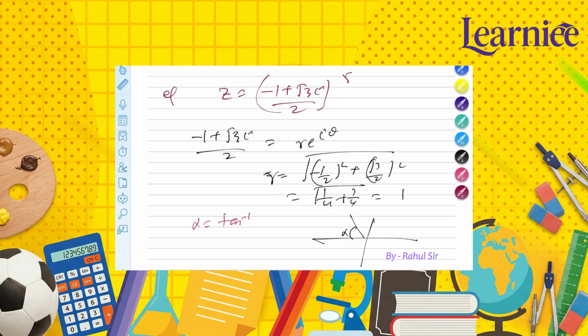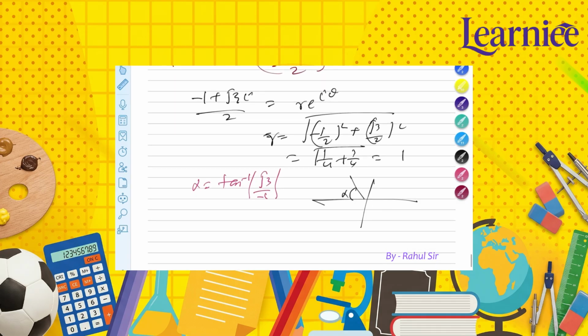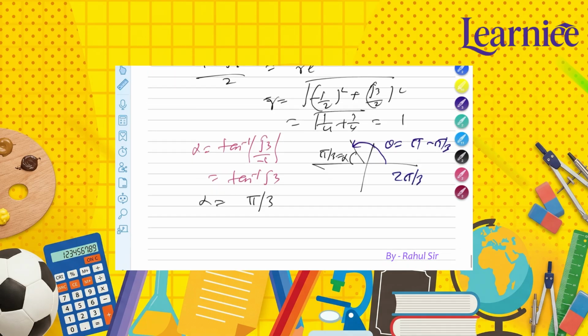Alpha is tan inverse of the positive value, root 3 by 2 divided by 1 by 2, so it will be tan inverse root 3, which is pi by 3. So alpha is pi by 3. But the argument is the angle with respect to the positive direction of x, that is pi minus pi by 3, which is 2 pi by 3.